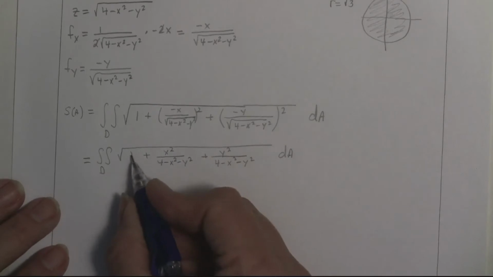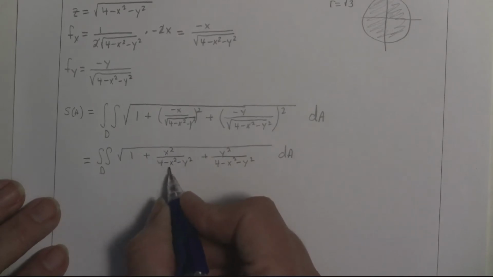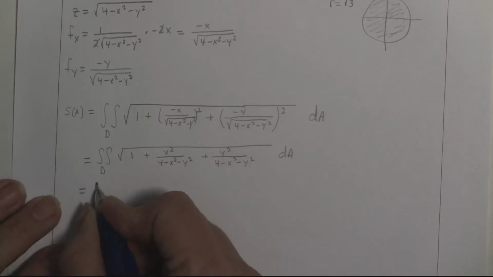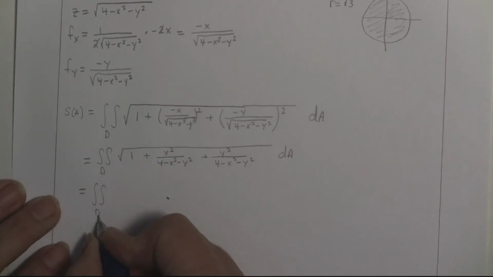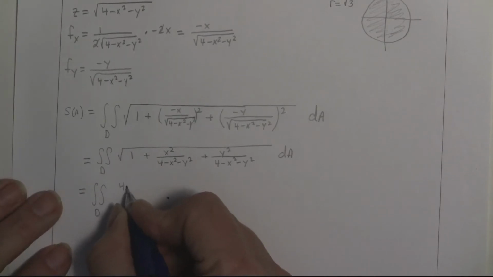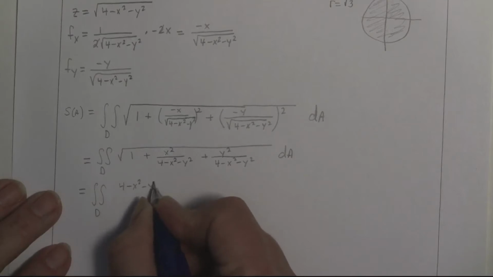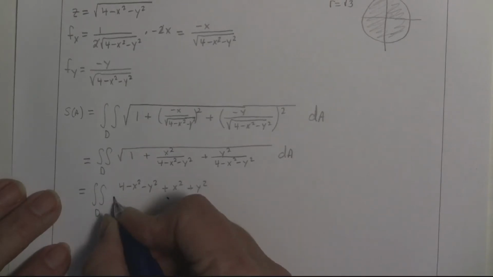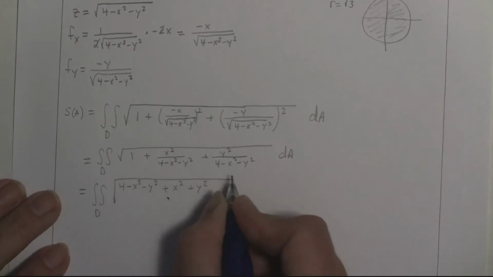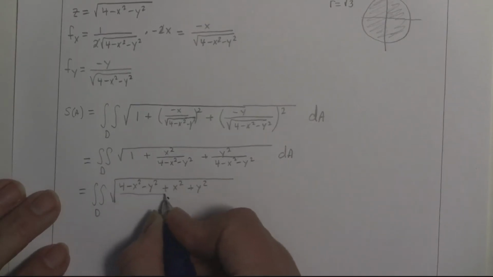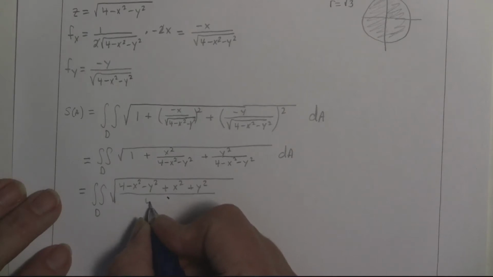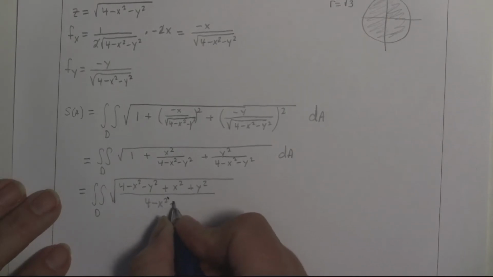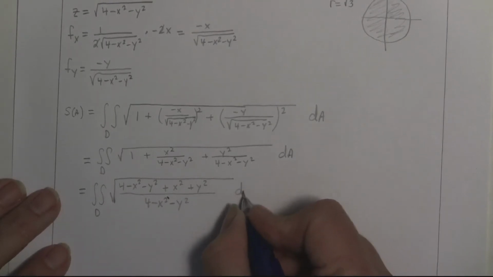So I got a common denominator here. This is 4 over that. And that turned out, I thought, just as good as any. 4 minus x squared minus y squared plus x squared plus y squared, all underneath the square root, and all over 4 minus x squared minus y squared, dA.